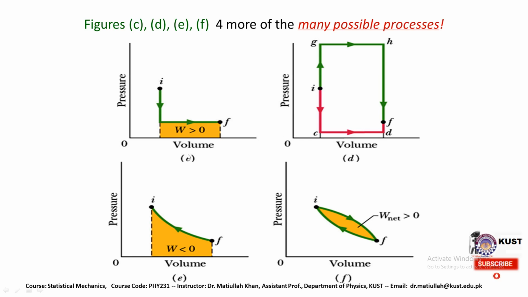But in this case the direction is opposite, so that is why the work should be less than 0. The system is taken from the final state to the initial state. Initially, at this point, the pressure is low, and at this point, the pressure is higher.